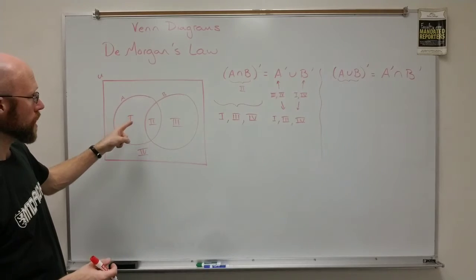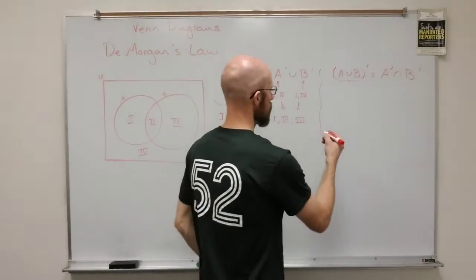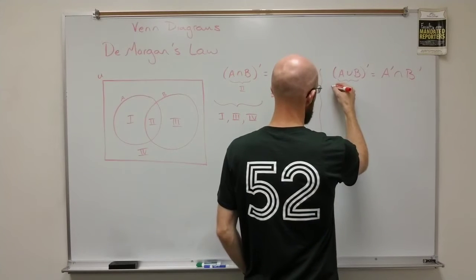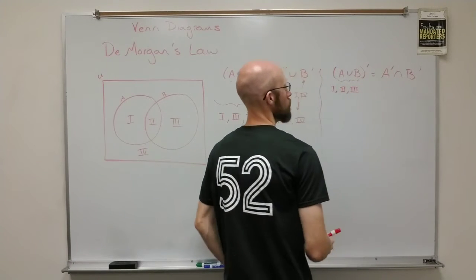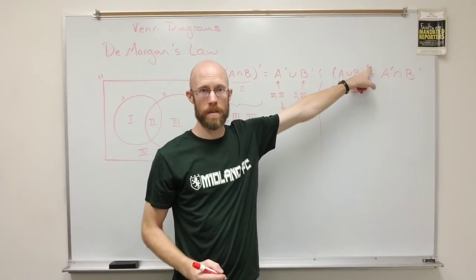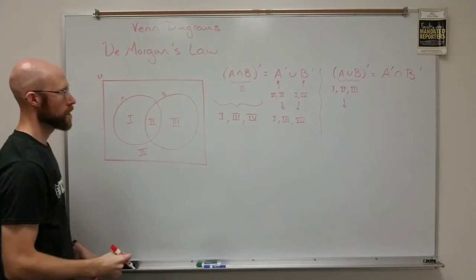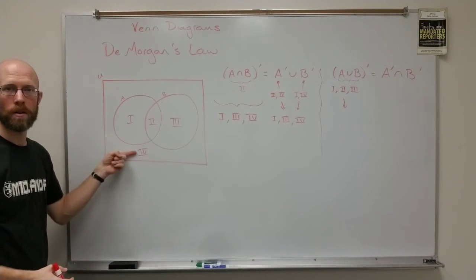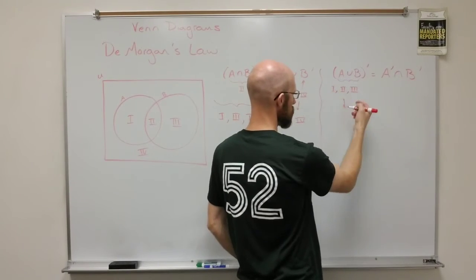So A union B would be 1, 2, and 3, right? Regions 1, 2, and 3 are contained in one or the other or both. But now I want the complement of that. So the complement is only region 4. That's the only thing that's not in regions 1, 2, and 3.